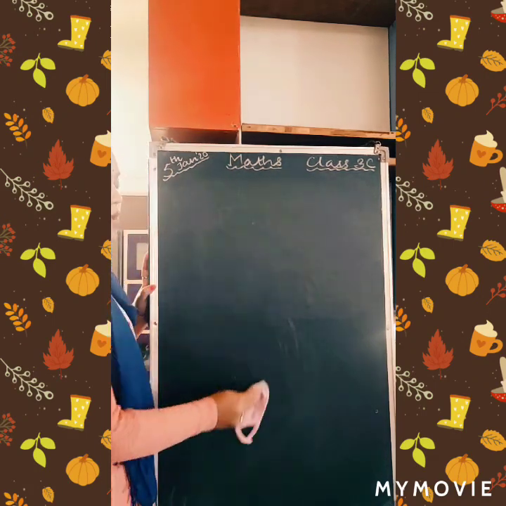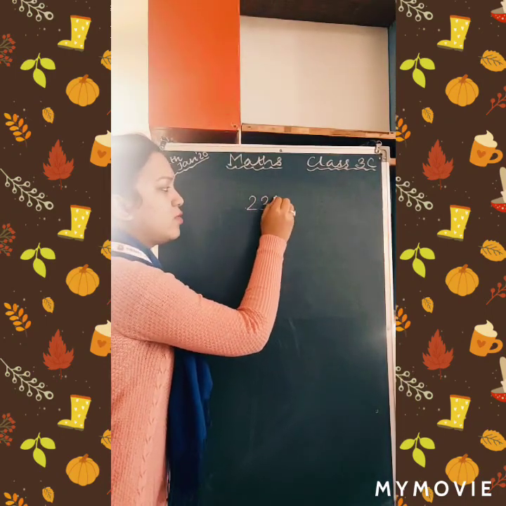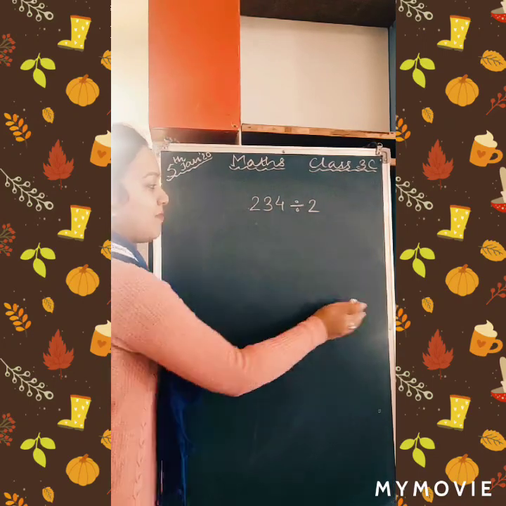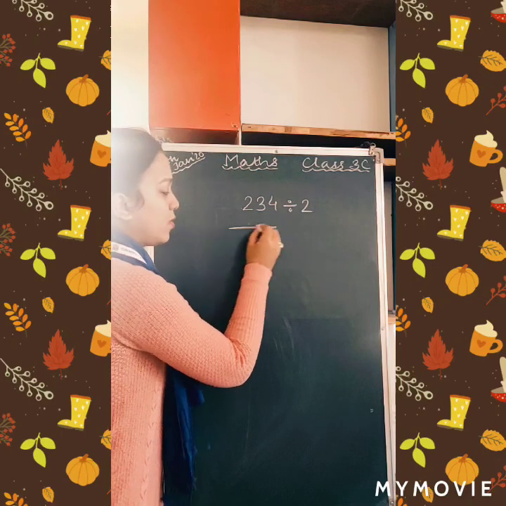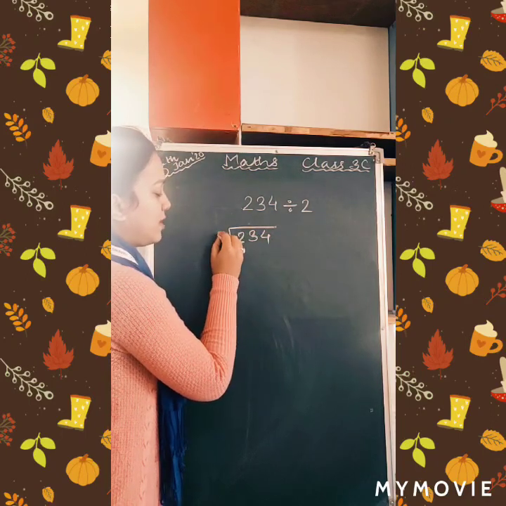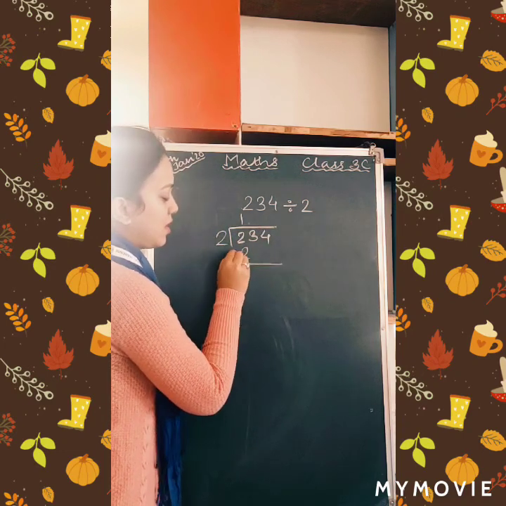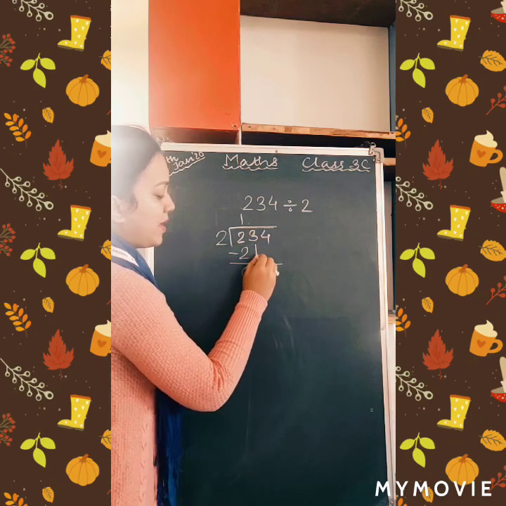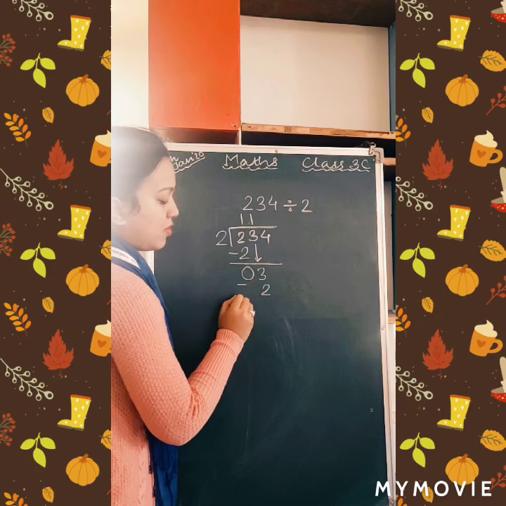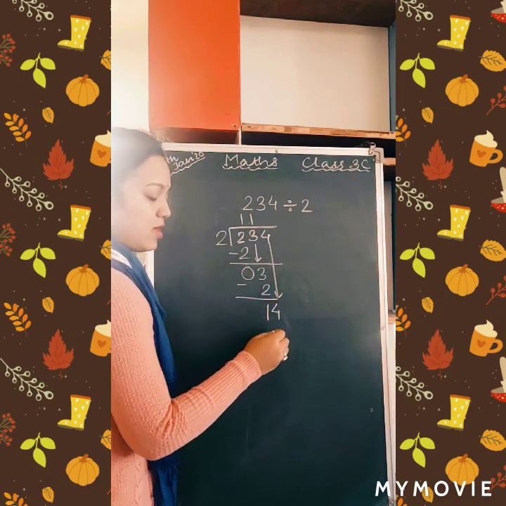Now we will divide a three-digit number, say 234 divided by 2. So 2 ones are 2, you get 0, bring this 3 down, then again 2 ones are 2, you get 1, then you have to bring this 4 down.